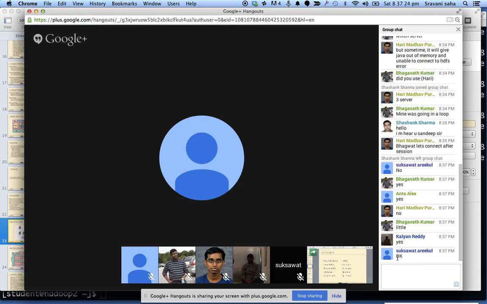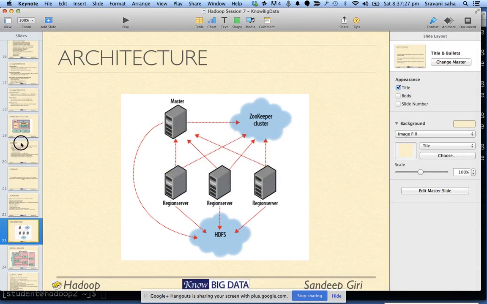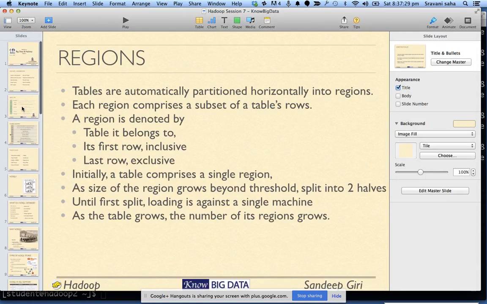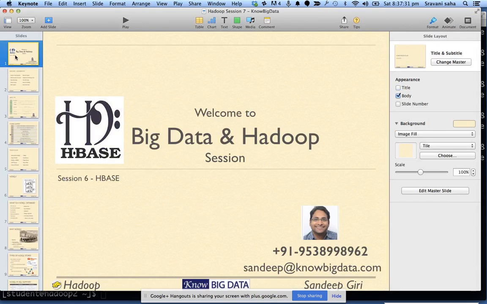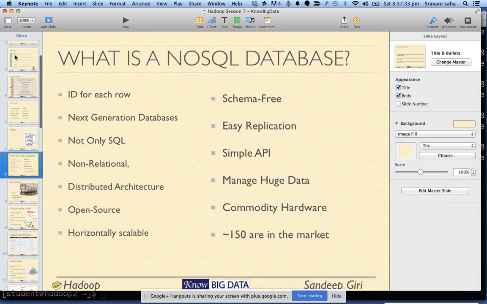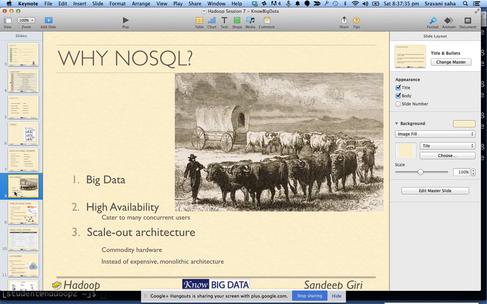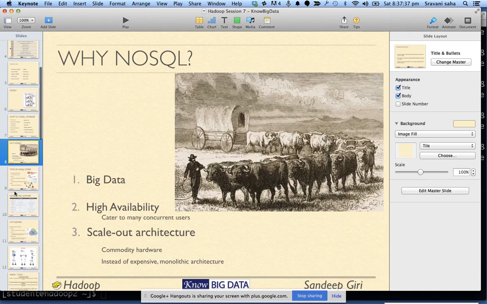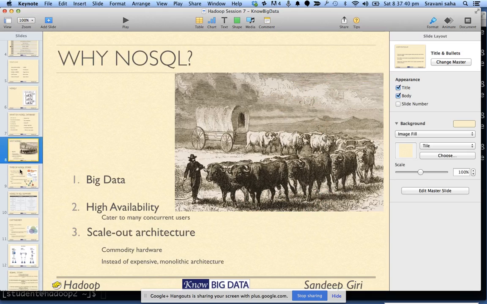So basically, in the first half, we discussed the challenges with respect to the old systems, and why we had to have a NoSQL database. In very simple words, we wanted a database whose tables are spread across multiple machines instead of a single machine.